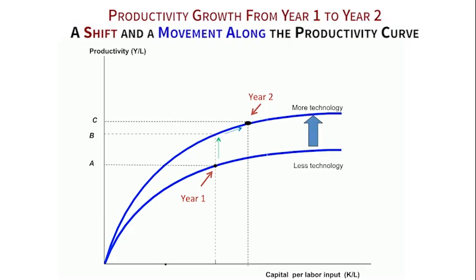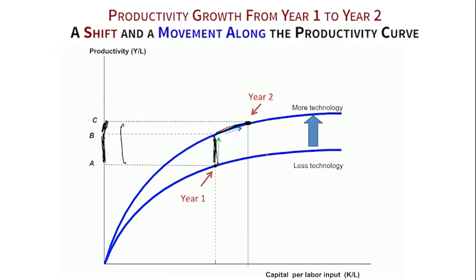You just superimpose on that picture of the two different levels of productivity, the production function, or the productivity curve more precisely. And I've drawn it so the productivity curve cuts through year 1 and it cuts through year 2. And you can see now that what we've observed in the increase in productivity is two things going on. You basically have the shift upward in the curve, okay, that accounts for some of the increase in productivity. And then you have a movement along the curve, and that's the rest of the increase in productivity.